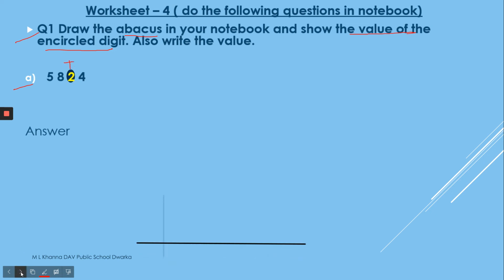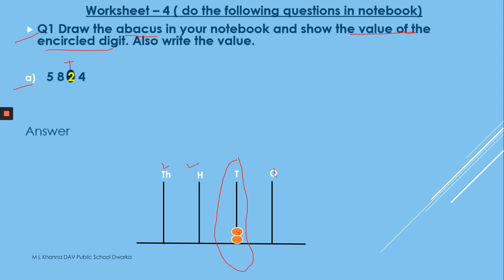So here you will be drawing an abacus, writing the places on the top, and in tens stick you will be drawing how many circles? Two circles, and the remaining sticks will be left empty because in this question you have to draw the abacus and show the value. So this is the way to show the value of the circled digit on the abacus.